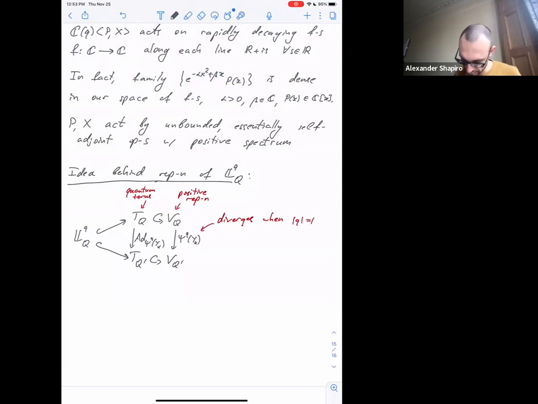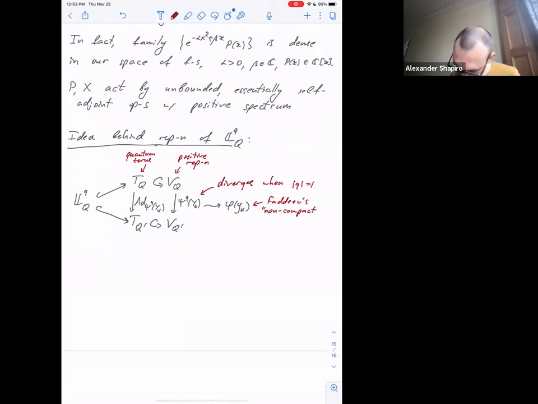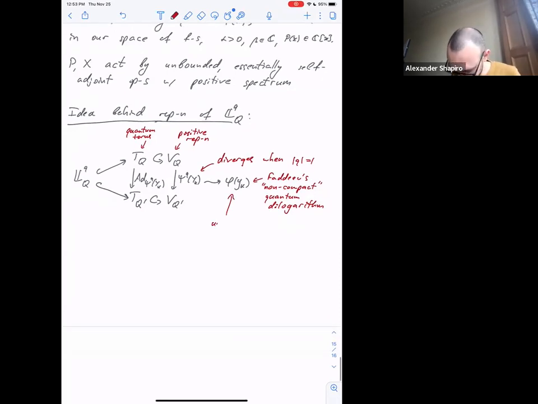So this thing is replaced by the so-called Faddeev's non-compact quantum dilogarithm. Again, this is just a name. And when it's replaced, this action by this function becomes a unitary equivalence.